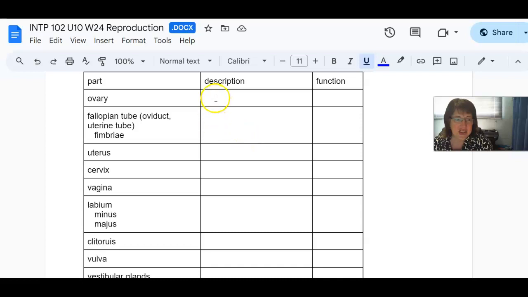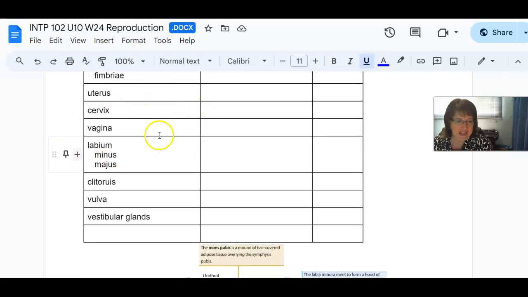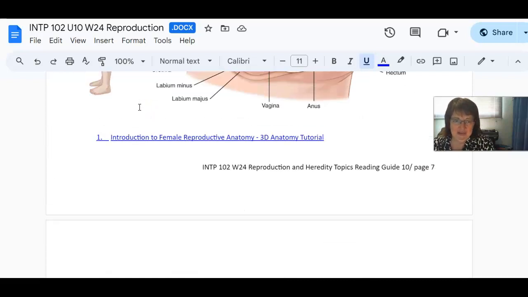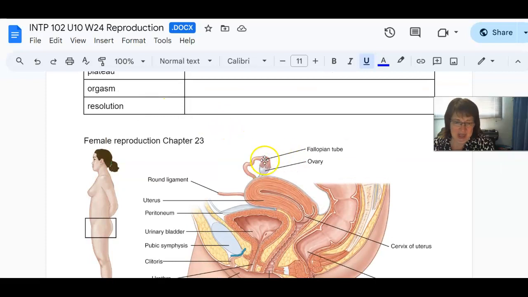So these are the terms I want you to look at. Let's look at another diagram to look at the bottom terms. First off, on the fallopian tube, there's a term that we're going to look at called the fimbriae, and the fimbriae are these fringes on the oviduct.